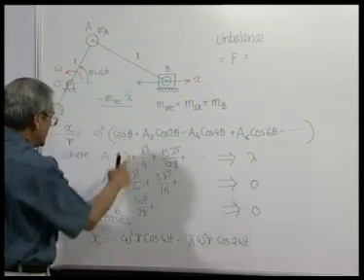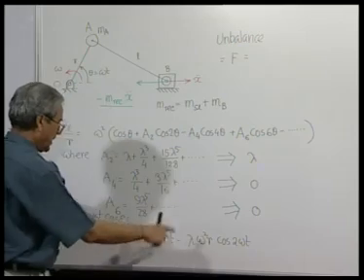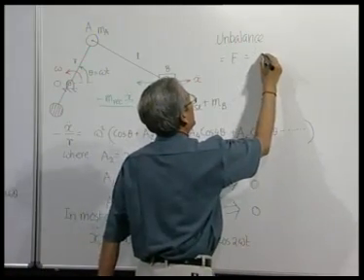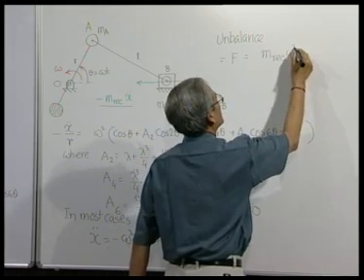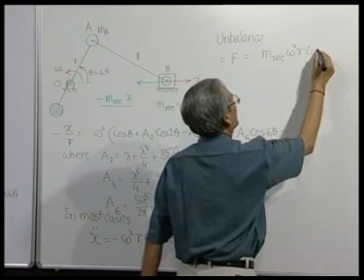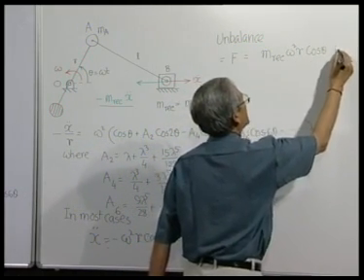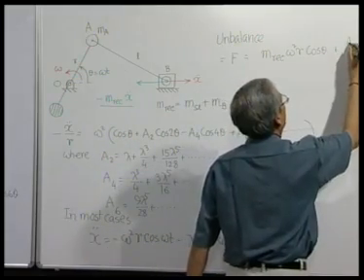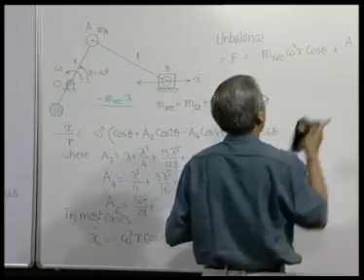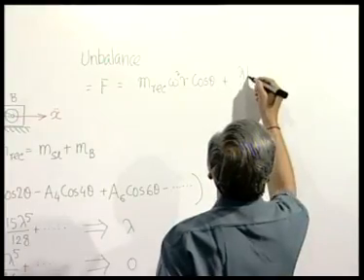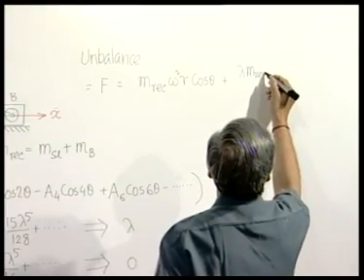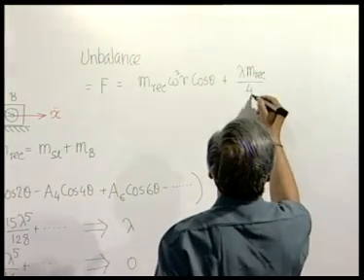So, x 2 dot is now this, the minus sign goes. So, it will be m reciprocating omega square r cosine theta plus lambda m reciprocating by 4.